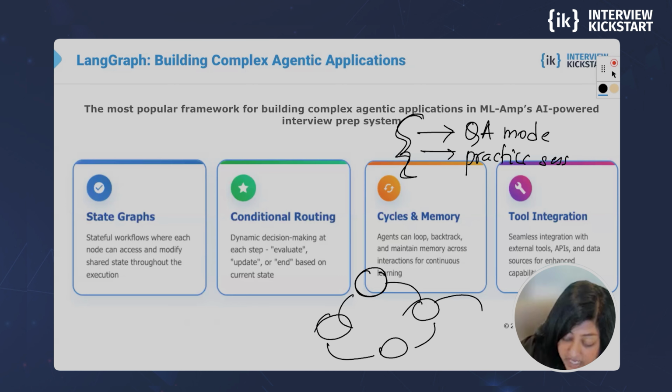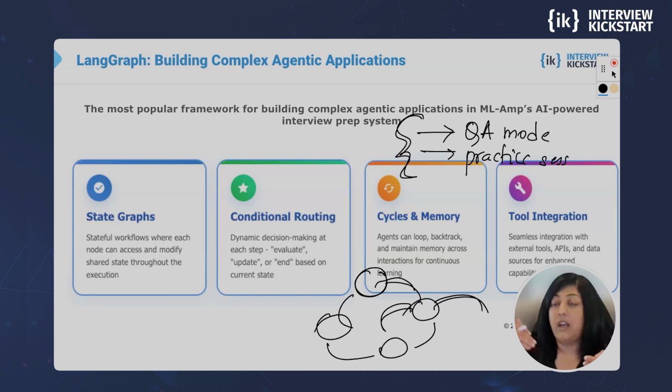And you can have conditional edges, and that's what makes LangGraph very powerful. The fact that there are multiple conditional edges allows these nodes to transition from one to the other, performing different tasks.